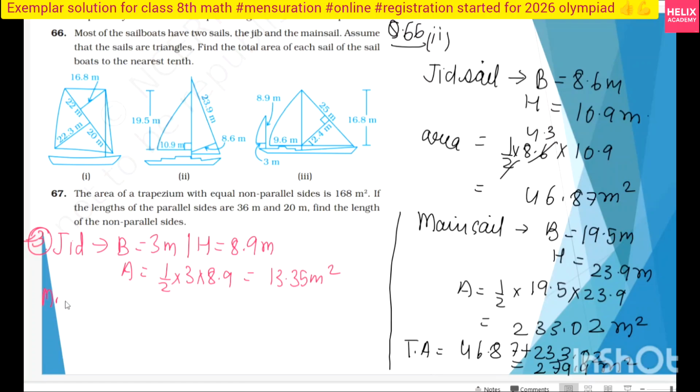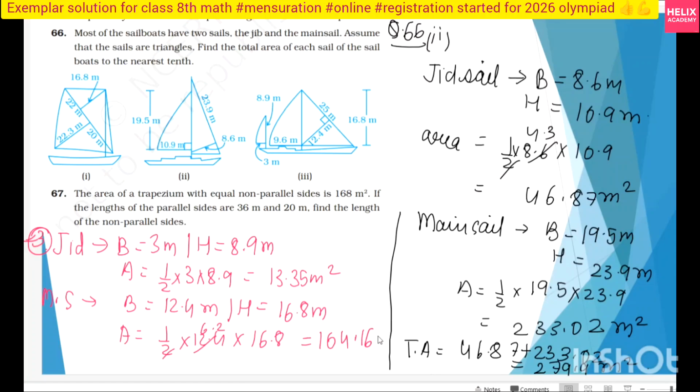For mainsail, base is equal to 12.4 meter and height is how much? 16.8 meters, right? This one, the entire height. Okay, so I can say area will be what? Half 12.4 into 16.8. So I can say 6.2 or I can say 104.16 meters square. Okay, so total area will be adding these two, 13.35 plus 104.16 is equal to 117.5 meters square.